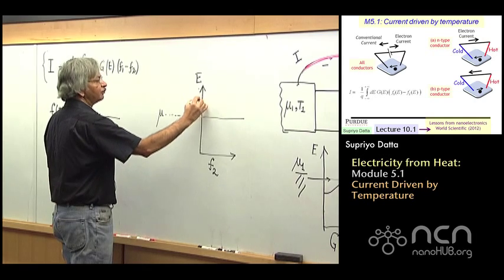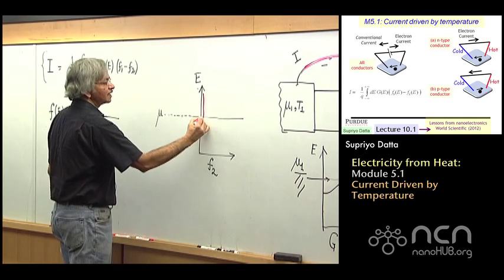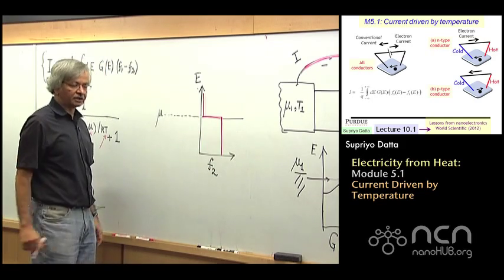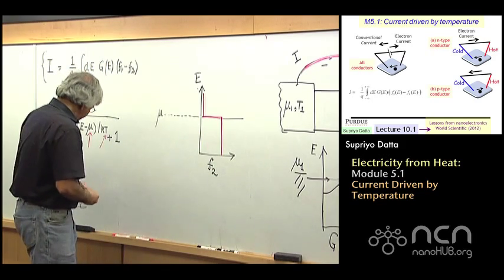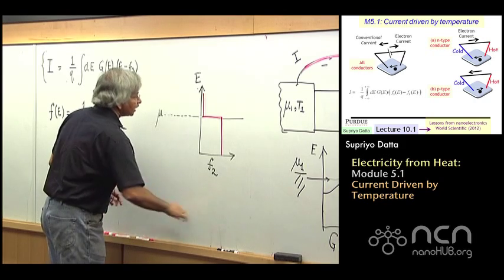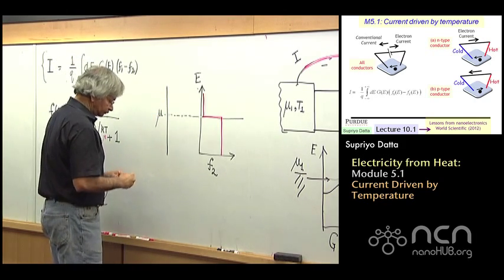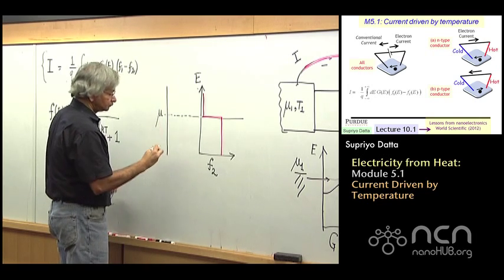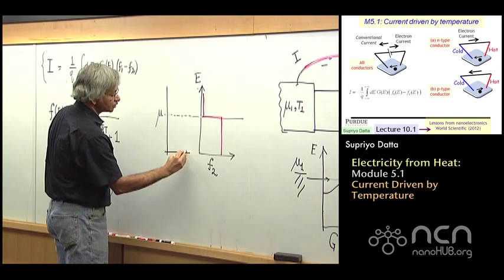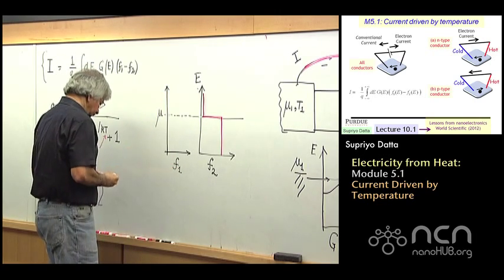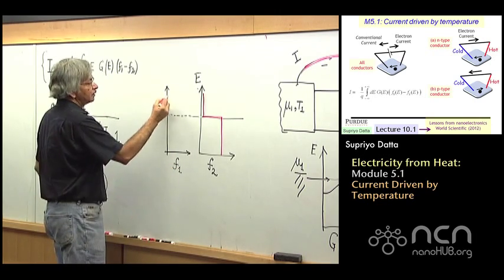And so when you look at the Fermi function, it changes abruptly from 0 to 1, right around the chemical potential. On the other hand, when you look at contact 1, it looks something like this.